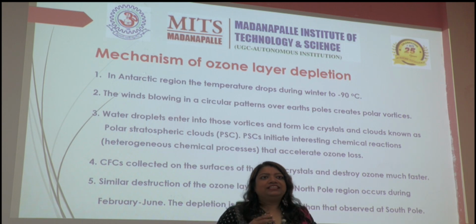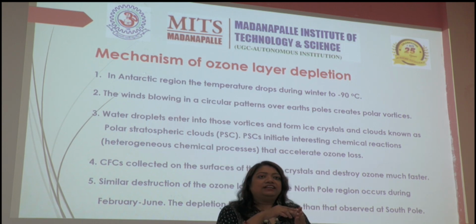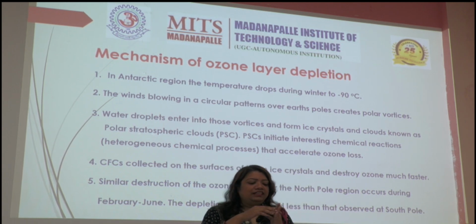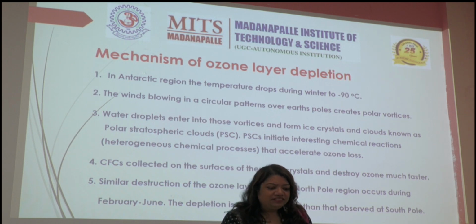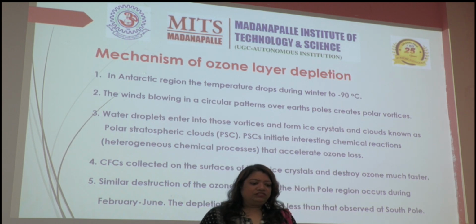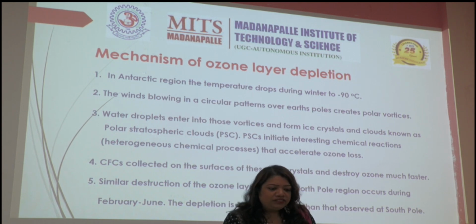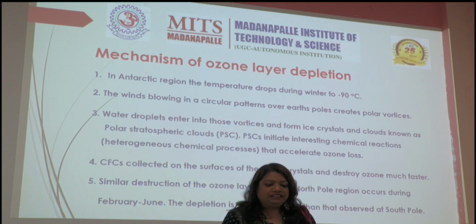Okay, this is basically a heterogeneous reaction. That means the molecules get stuck in the stratospheric cloud, and they are now more active for this reaction. Similar destruction of the ozone layer also occurs at the North Pole, but it is only 10 to 25% and much lesser than what is happening in the Antarctica region.